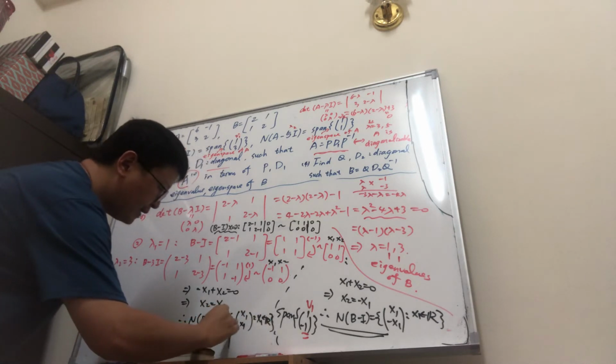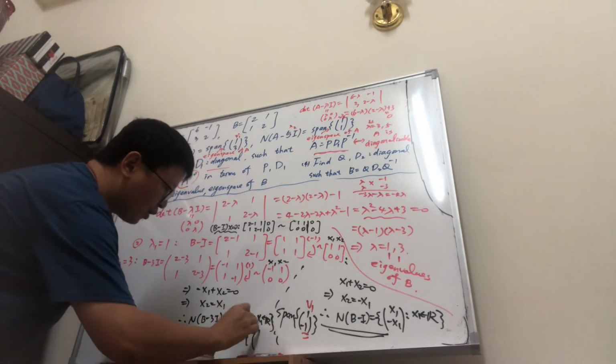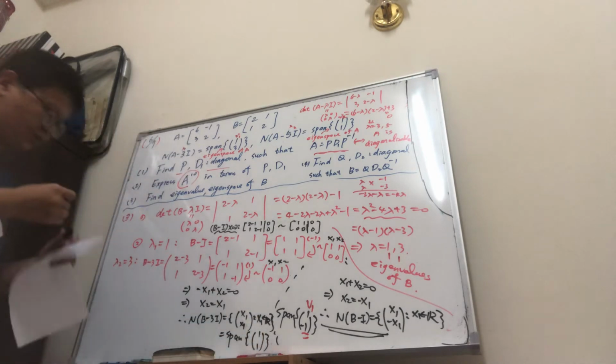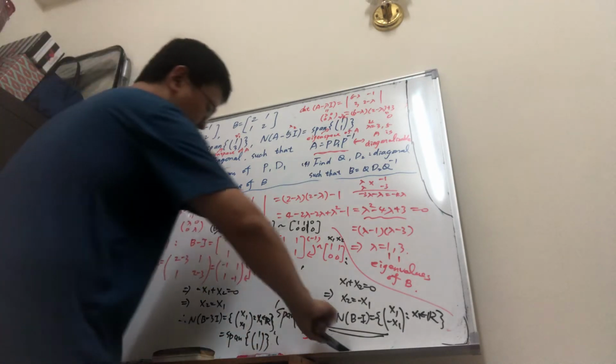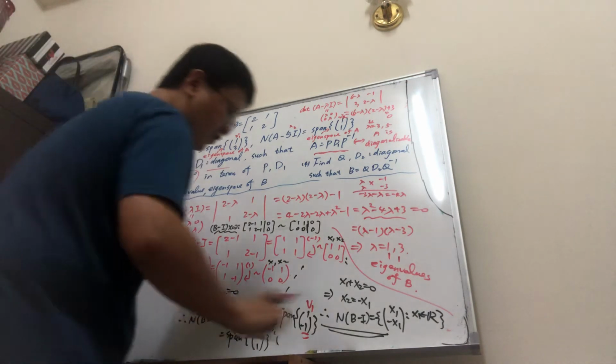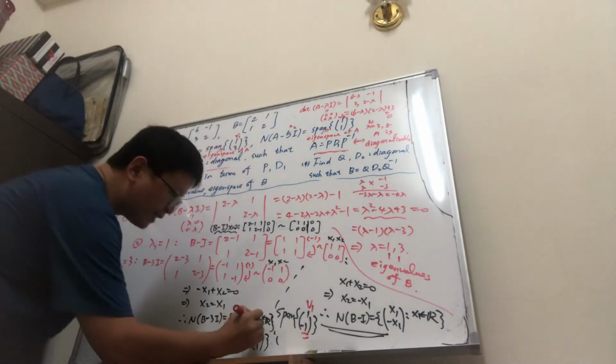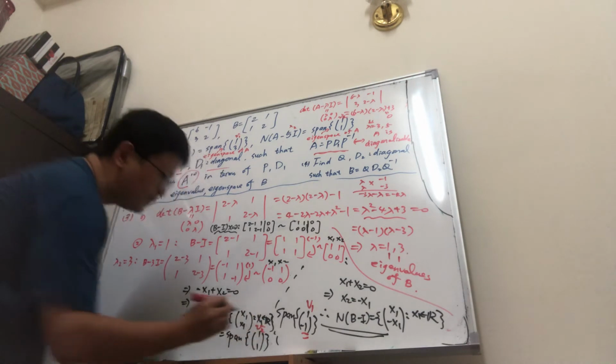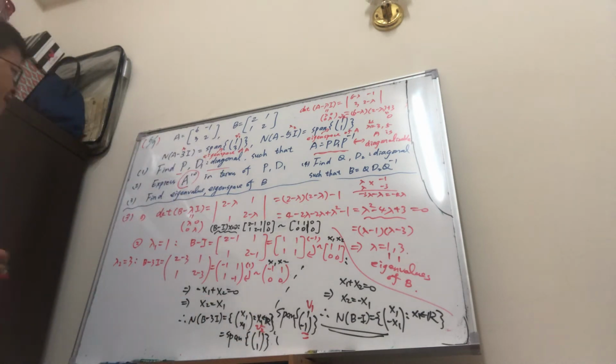It's the spanning set of (1, 1). You could just choose (1, 1). Of course, you could choose (2, 2), (3, 3), and so on. A non-zero vector is just a non-zero vector, then it's fine. And then we denote it by our eigenvector v2.